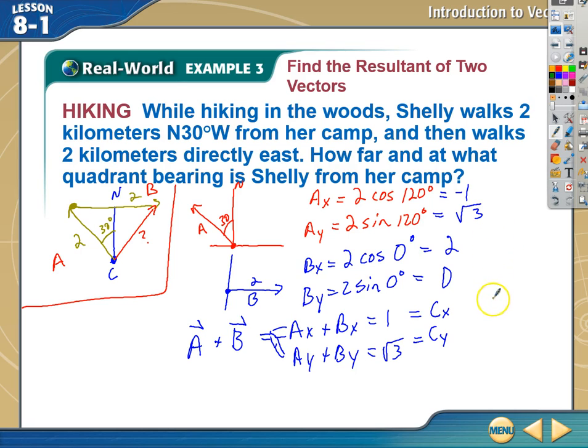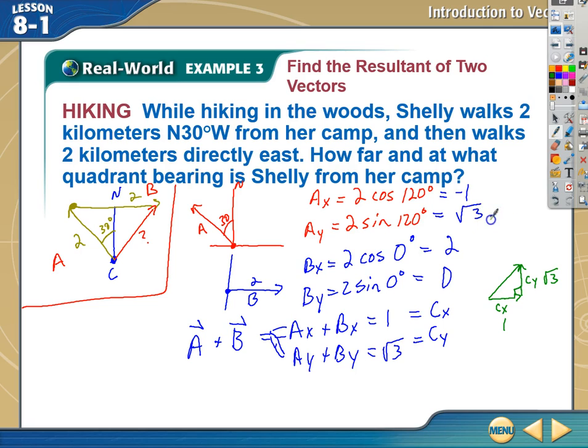Here's my C x, which is 1, and my C y is square root of 3. That's a right angle: A squared plus B squared is C squared.